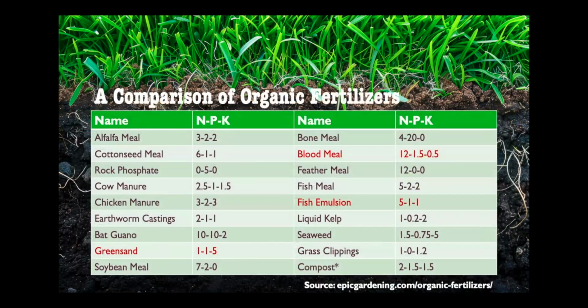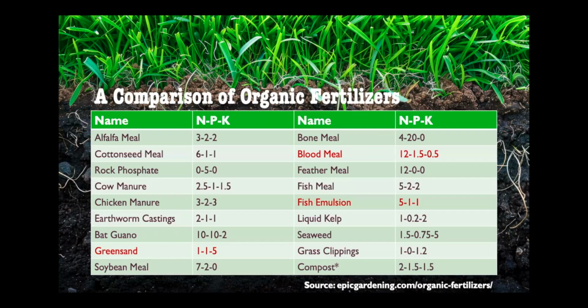So as far as fertilizers go, I like organic fertilizers, but nitrogen is nitrogen is nitrogen. So if you want to use an inorganic fertilizer, it's the same chemical. It's just that there's more of it. So some of the chemical fertilizers, the synthetic ones, will just have higher percentages.